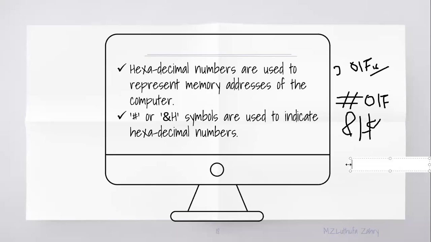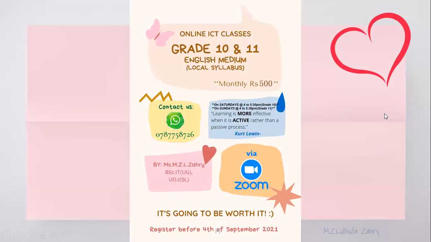For example, it will be #01F or 01Fh. So in computer, if you want to see a memory address of anything, it will be shown with a hash or an h, but you have to know that it is a hexadecimal value. Okay, so that is the hexadecimal number system.